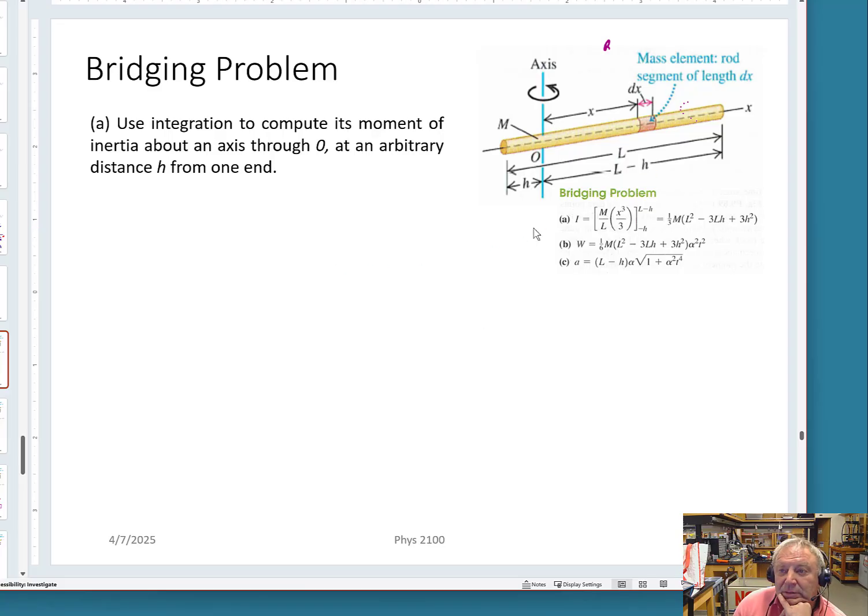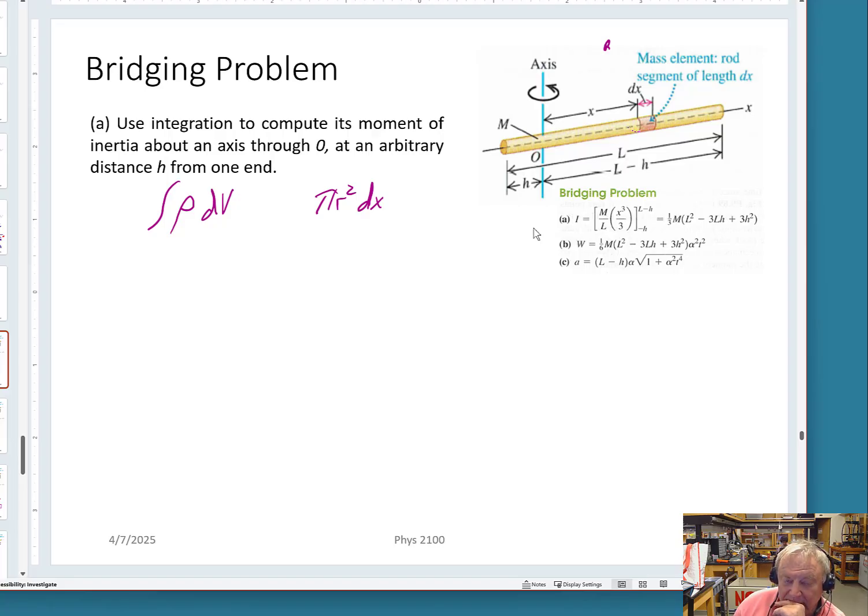we can turn this into a one-dimensional problem because of the symmetry, or at least for the integration. So we have to define an infinitesimal, and remember our general solution is rho times the volume element. So for a rod, a volume element would be pi r squared times dx.